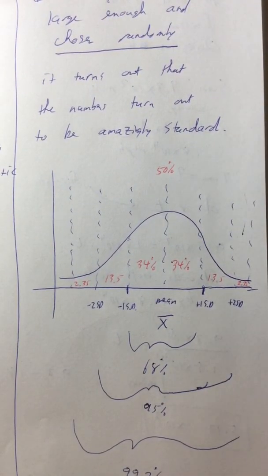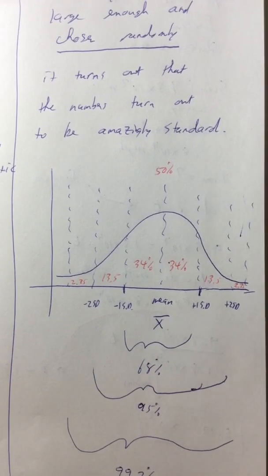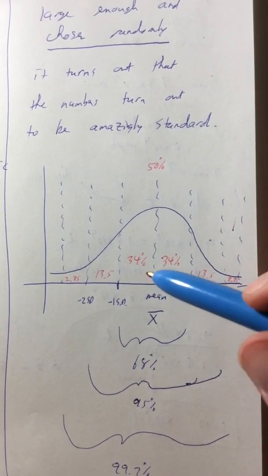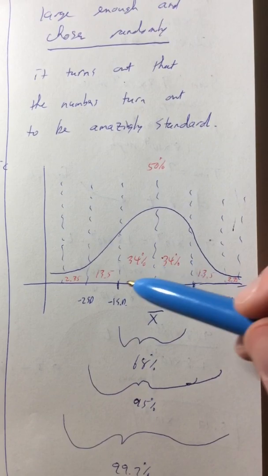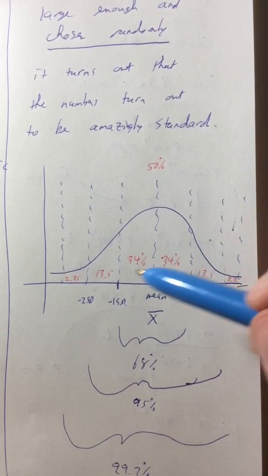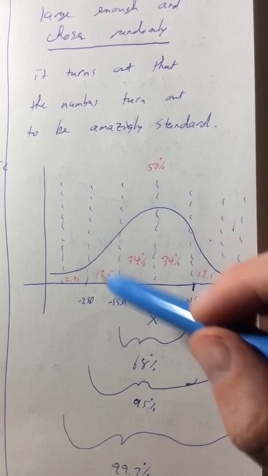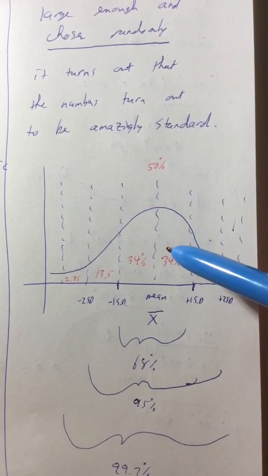And that's the same thing with everything else. Again, if we're talking about the tips on a given Friday night, on a whole bunch of Friday nights, most of the time you're going to be right in here. Maybe you make $50 in tips.